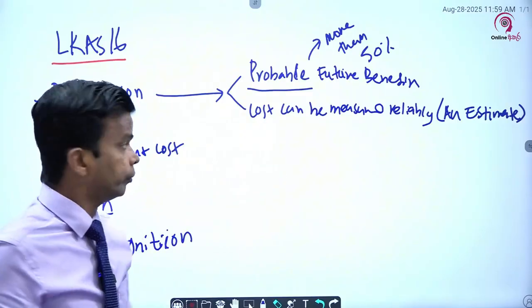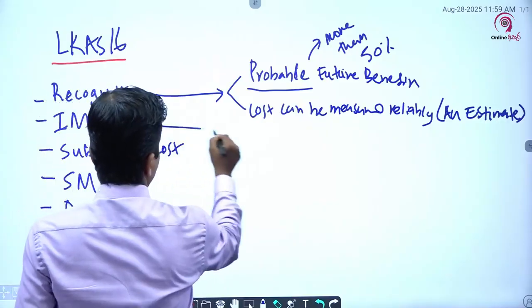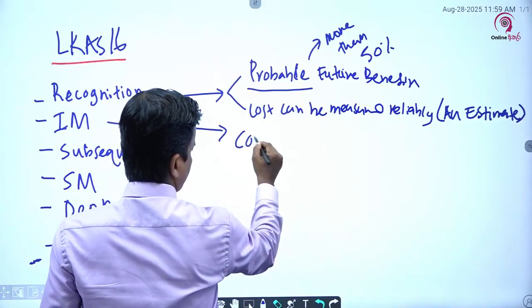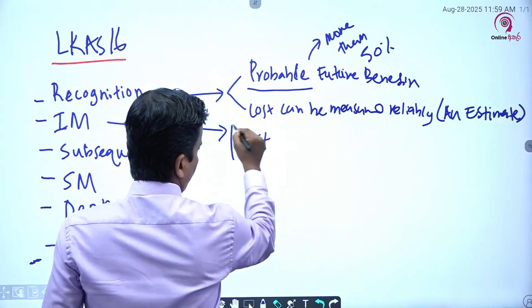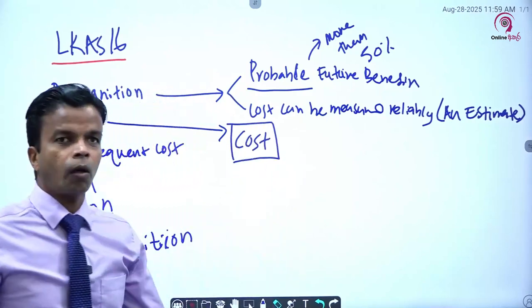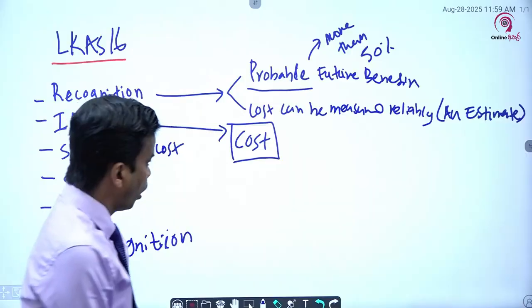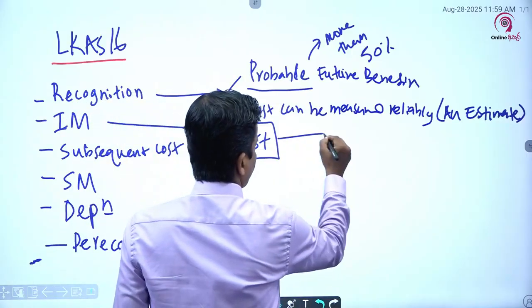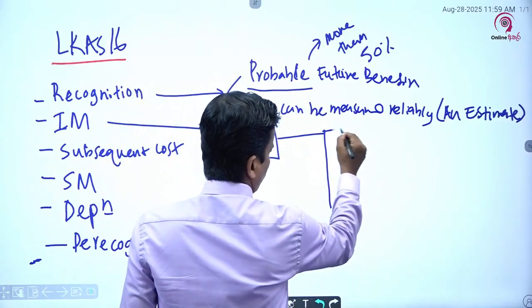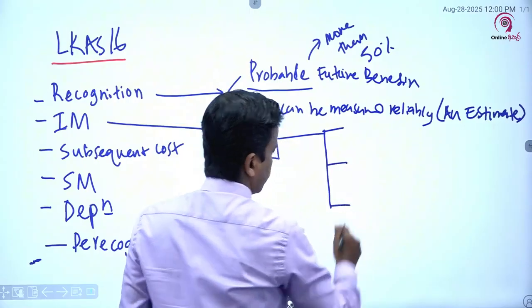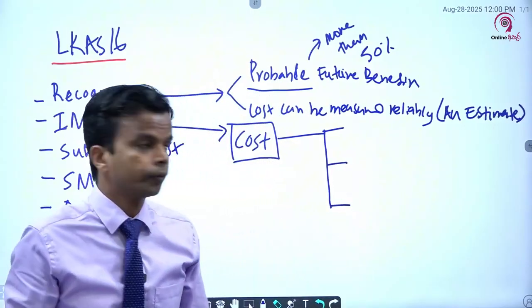Initial measurement. When you do initial measurement, it should be at cost, right? Your initial measurement should be at cost. However, not everything and anything. When you say cost, you can take three types of cost.